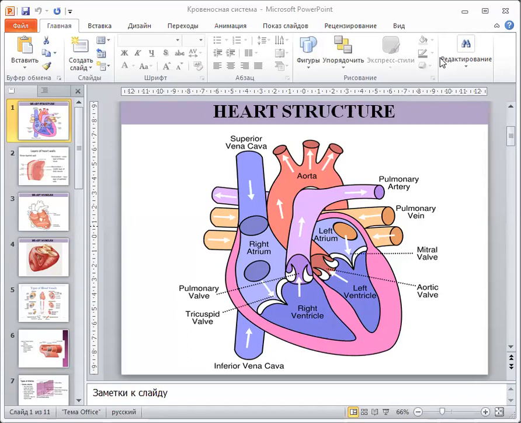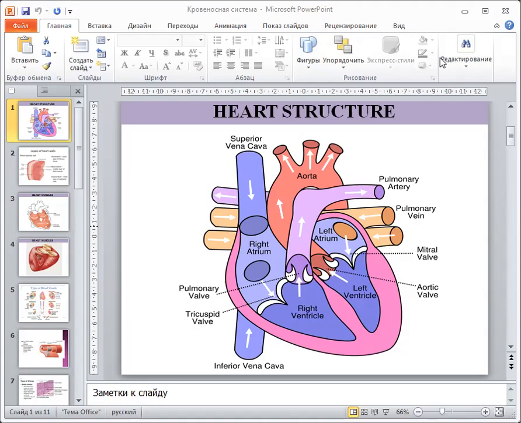The weight of adult heart is 270 to 300 grams. The heart length is 20 to 30 centimeters, and the widest part size is 9 to 10.5 centimeters. The heart is in the left side of the chest.